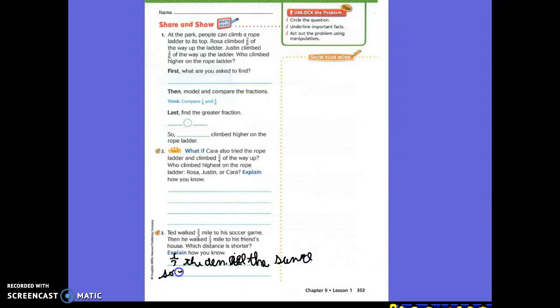So I look at the numerator. 1 is less than 2. So 1/3 is less than 2/3.